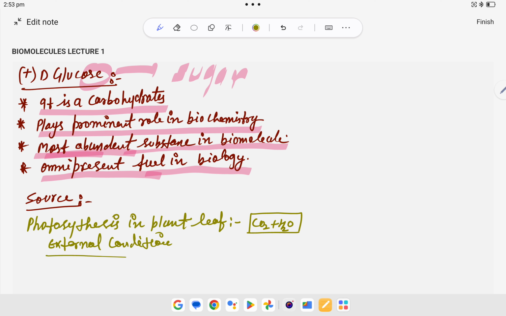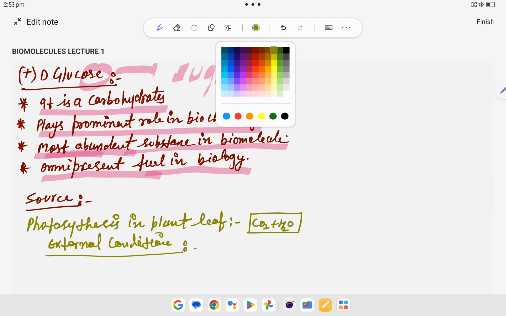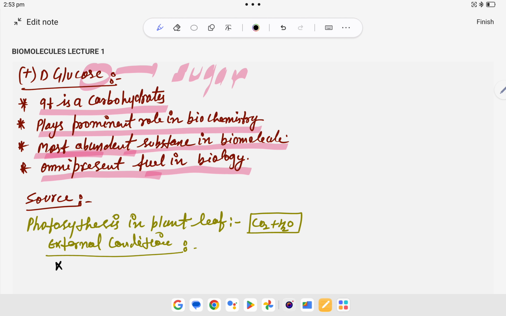What is the external condition? For the external condition, we require sunlight and chlorophyll. What is chlorophyll?